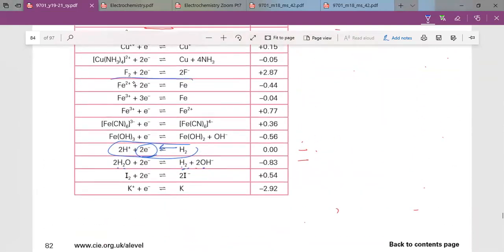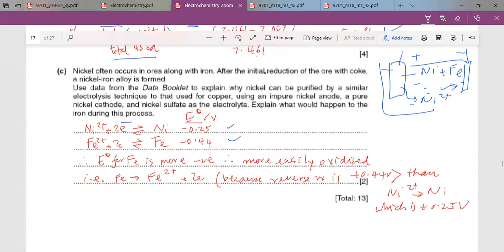So not Fe3+, okay, so two of them. I quote them here so it's easier for us to see. So of course, when you undergo oxidation, it goes backwards. Which is easier to go backwards? The answer must be that the E0 for iron is more negative.